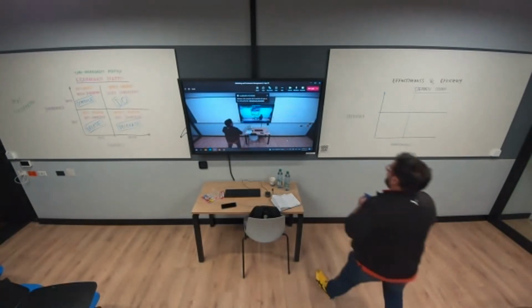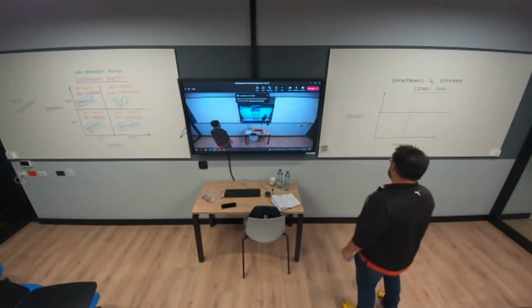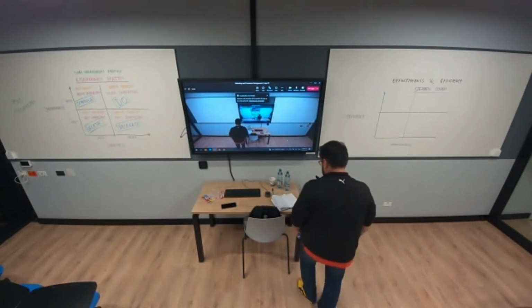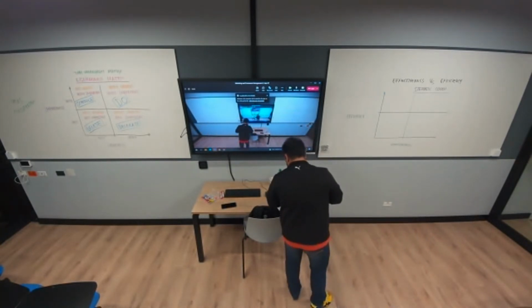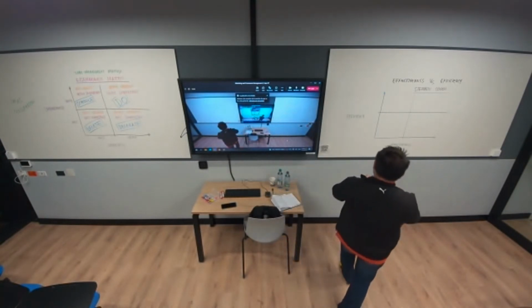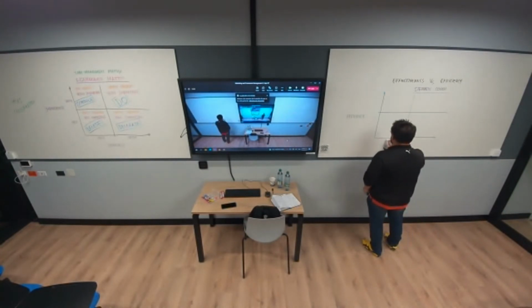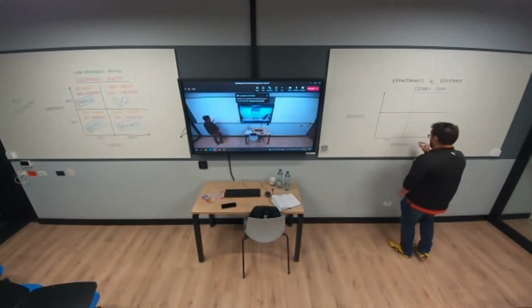Okay, well, the horizontal axis, which measures effectiveness, measures first low effectiveness, and here, of course, high effectiveness.